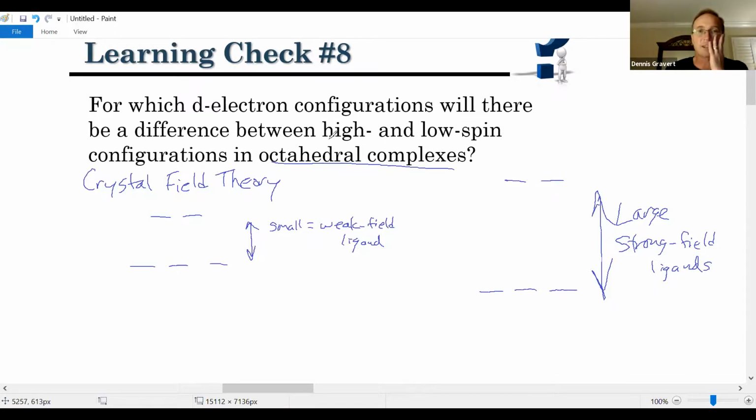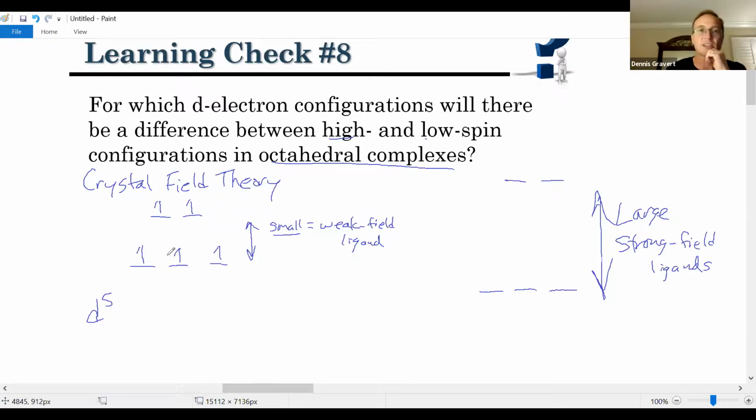So we've got something called high spin and low spin. Well, if you're weak field, that's where you keep them unpaired, right? So if you have a metal ion that's D5, then when it's a weak field and small gap, the most stable configuration is where you don't pair them up because it takes energy to pair them up.